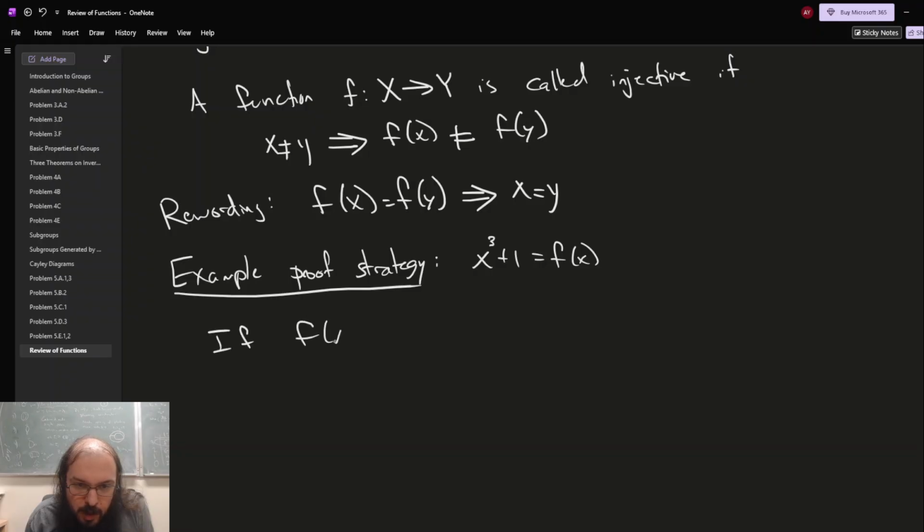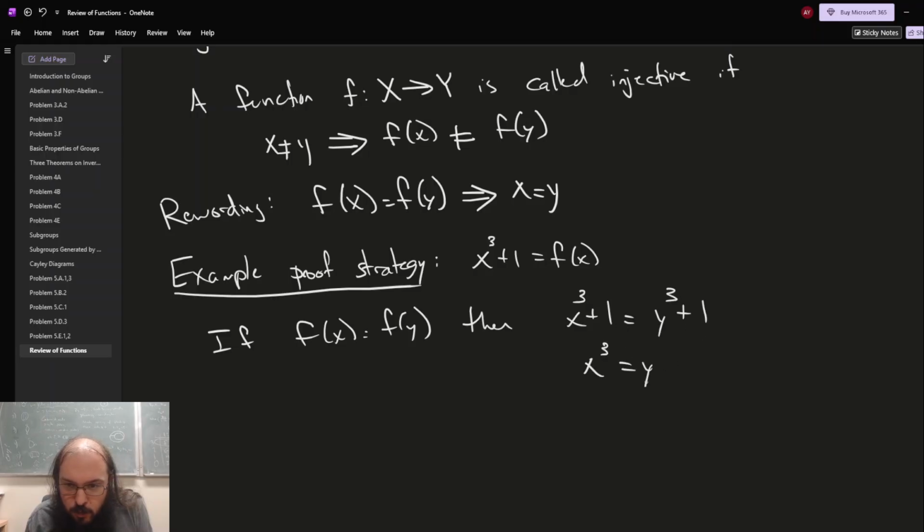If f of x equals f of y, then we have x cubed plus 1 equals y cubed plus 1. We can subtract 1 from both and get x cubed equals y cubed. And then we have to remember something about cube roots.